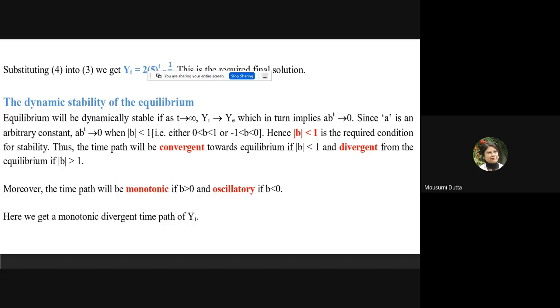Second, whether the time path is oscillatory or monotonic. So this is the background. The first part, I hope everybody could do and understand. There are some issues related to the second part, understanding the nature of the time path.